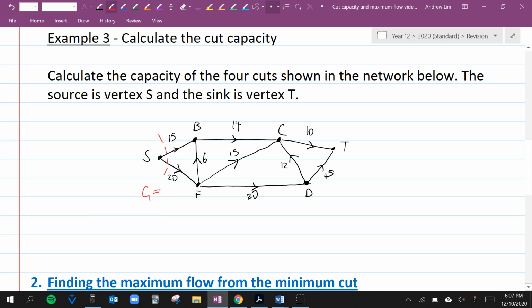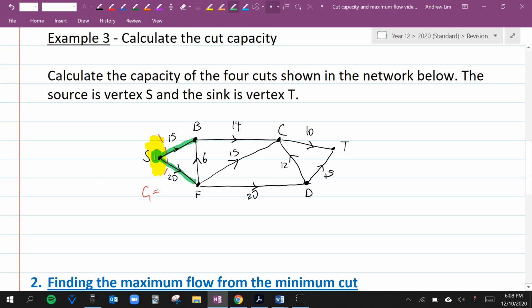The question is, do I need to add those numbers? It goes through 15 and it goes through 20. What I want you to do in order to practice this is to highlight the left side of the cut. If we highlight the left side of the cut, we can see that the start of this edge is here, and the start of this edge is also here, and they are both highlighted.